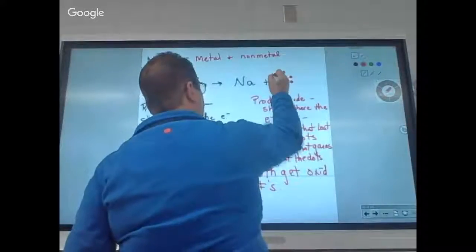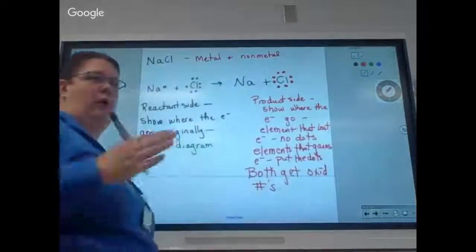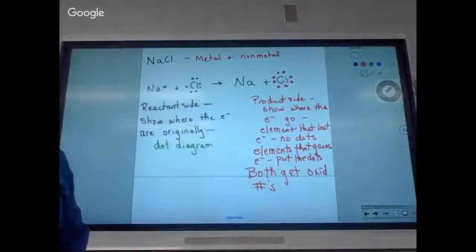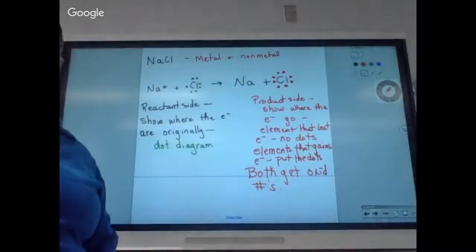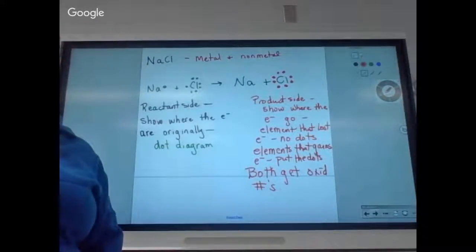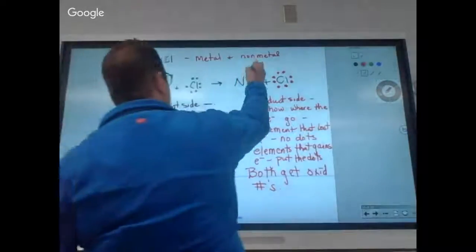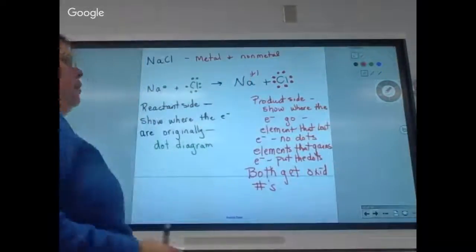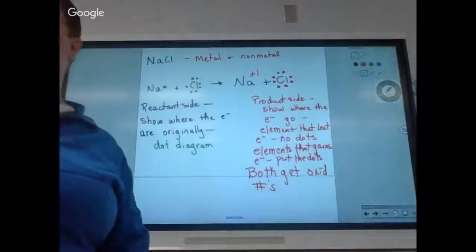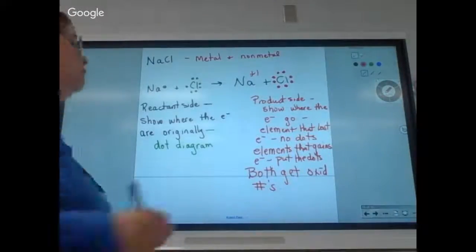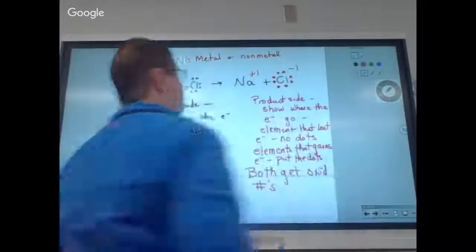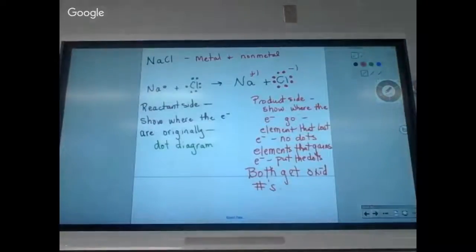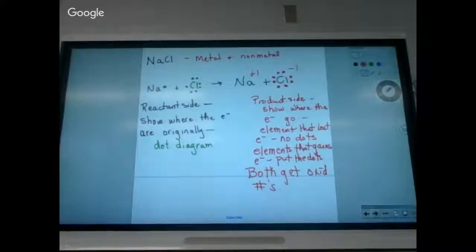Now I need to draw in the oxidation number. Well, Na did what? It lost 1. So how do I show it lost 1? +1. And then chlorine gained 1. So how do I show it gained 1? So it's not based off the oxidation numbers we memorized on the periodic table.